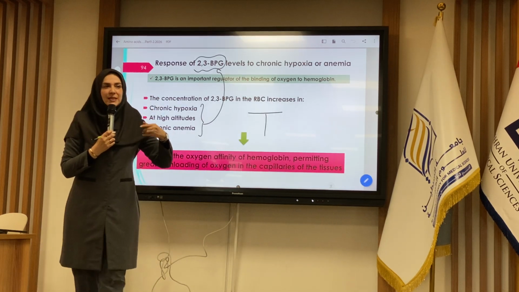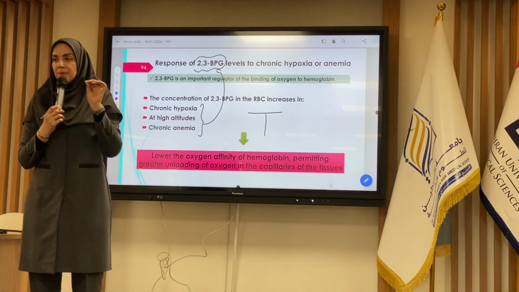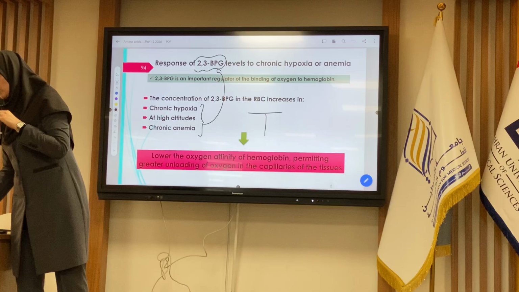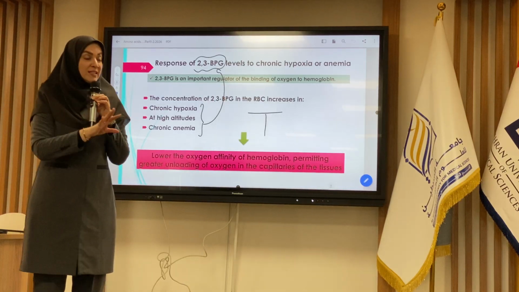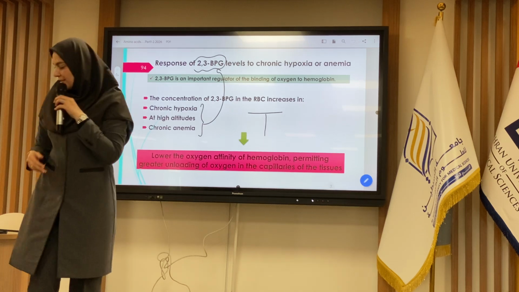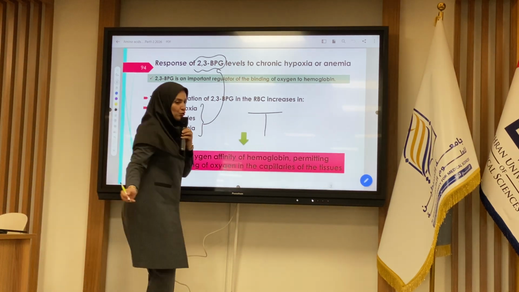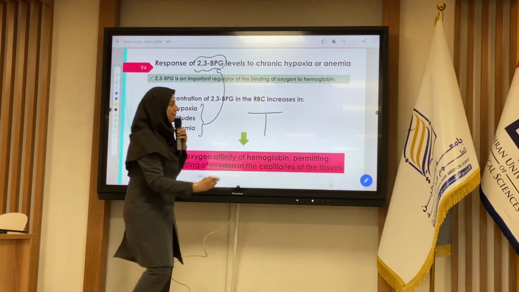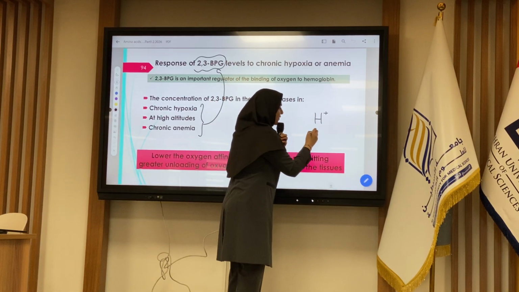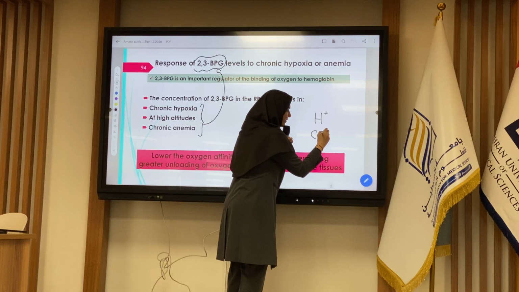I want to explain the reason for this. I think it's necessary to understand why we say that. This is not important for the final exam, just for understanding. I mentioned that in a tissue, we have a proton, am I right? We have carbon dioxide.